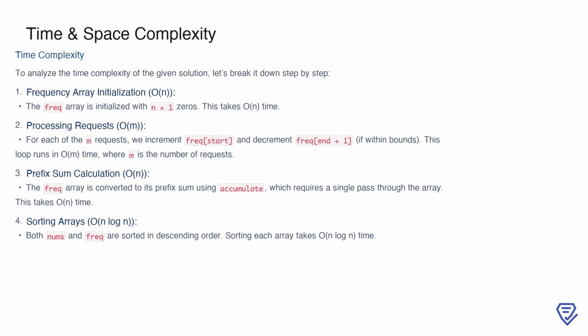After processing these requests, we calculate the prefix sum of the frequency array. This operation requires a single pass through the array, resulting in an O(n) time complexity. Finally, we need to sort both the nums array and the frequency array in descending order. Sorting each array independently requires O(n log n) time, making it the most computationally expensive step of the solution so far.